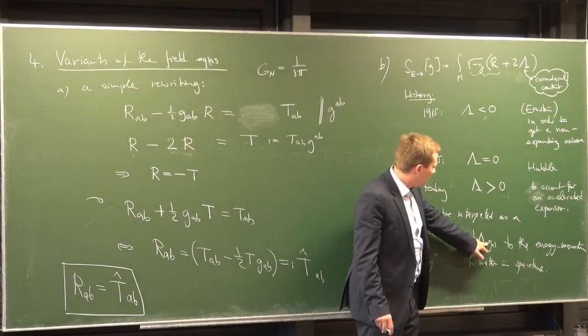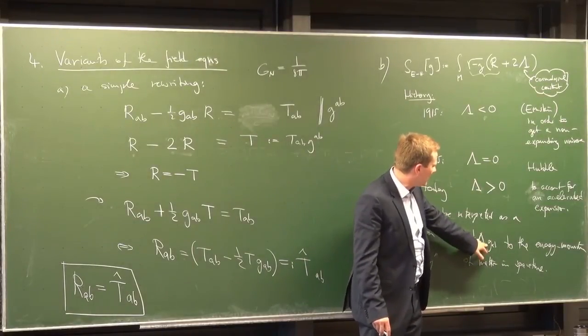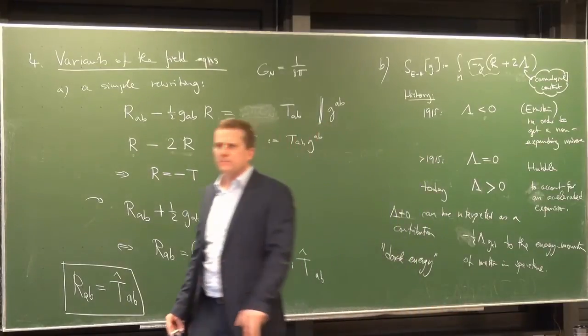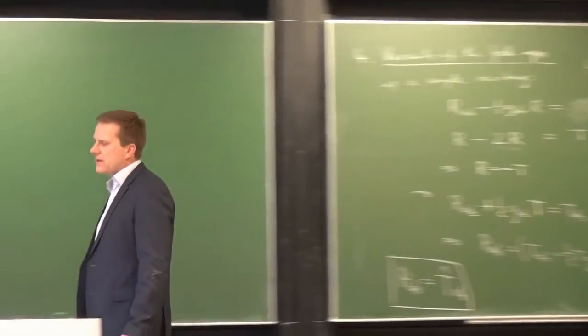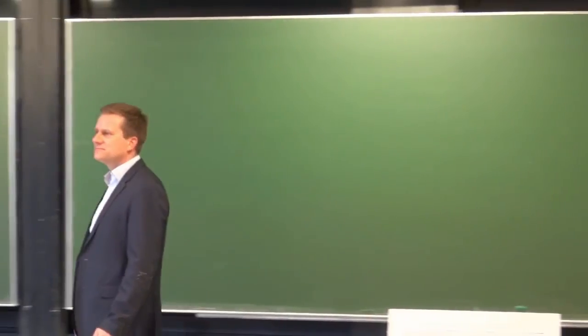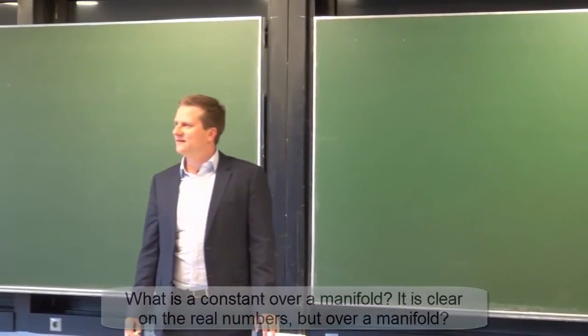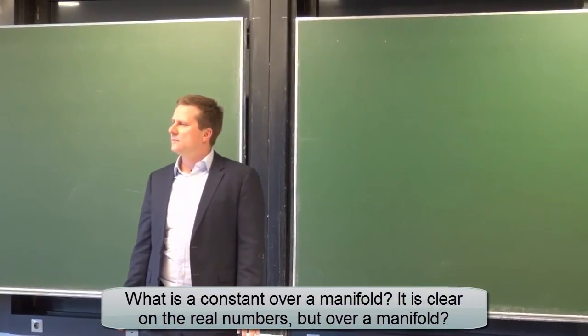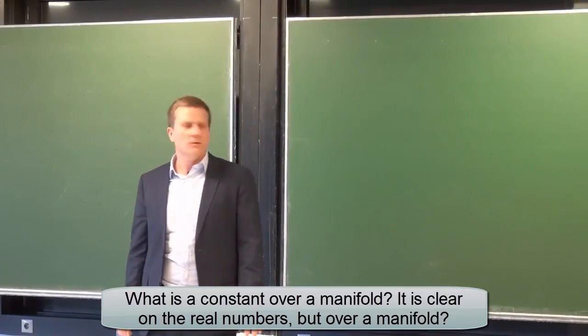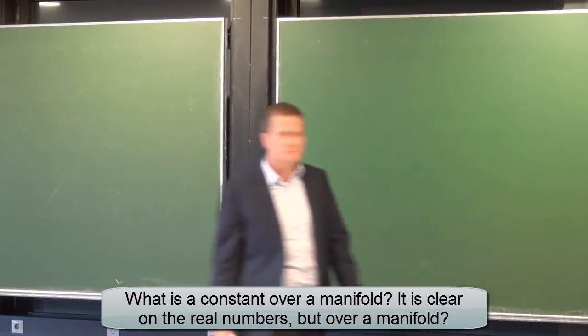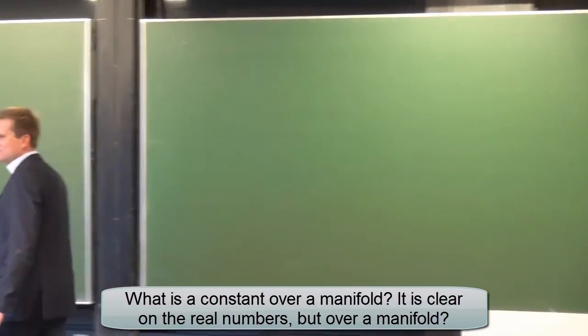Now, this lambda, what could give rise to an energy that's everywhere and we haven't thought of before? Well, yes? What is a constant over a manifold? I can imagine a constant over real numbers, but a constant over a manifold. Well, there's no structure in our space-time.